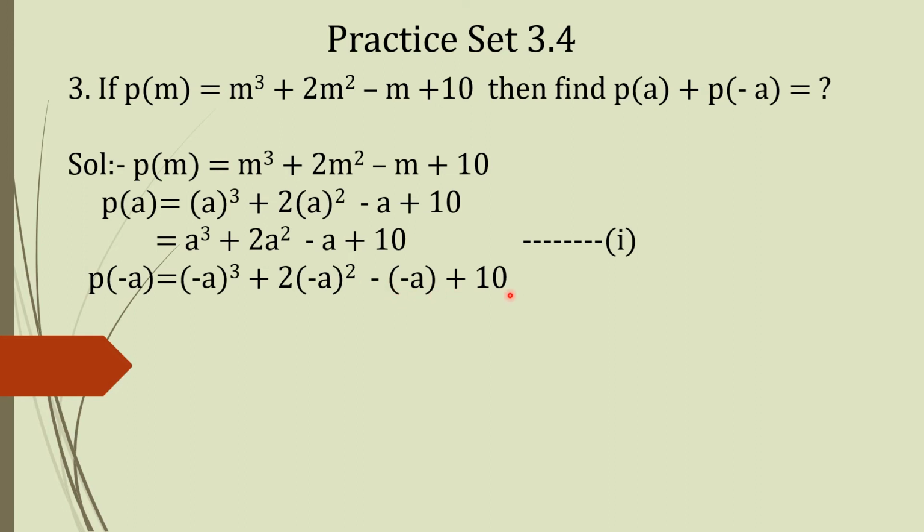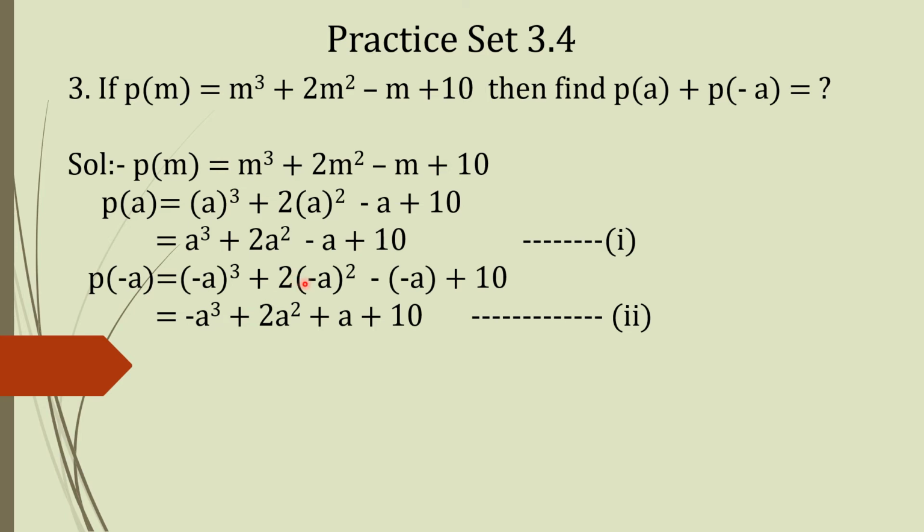Now students, one thing you have to remember: when there is a negative and the exponent, that is the index, is odd, then the negative sign will remain as it is. And when the exponent is even, then it will become positive. So it will become minus a cube.